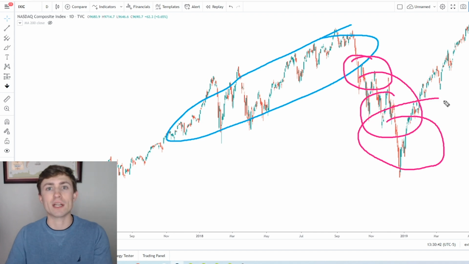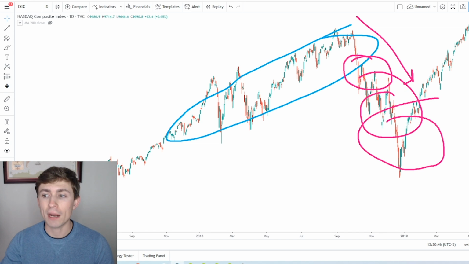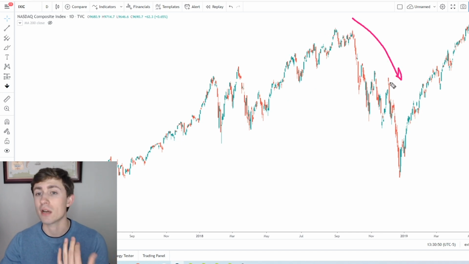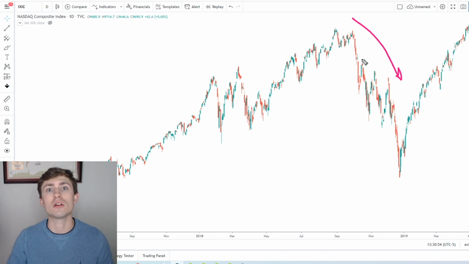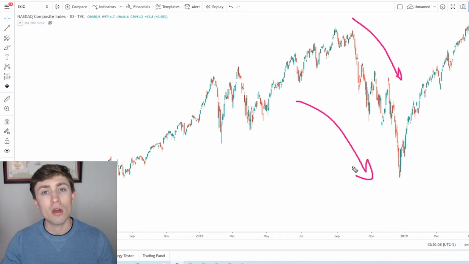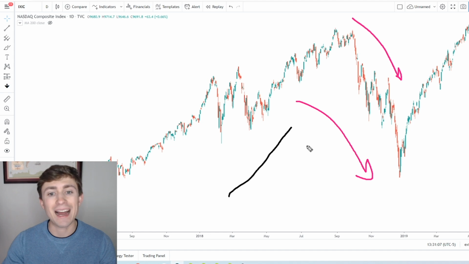Trading pullbacks, trading breakdowns, there's opportunities there to trade the downside as well, but I would rather be doing so in a market that looks bearish and that's starting to come down and showing downtrend structures rather than trying to do so on the way up, right? So if I'm shorting, I'd rather short on the way down rather than short on the way up, if that makes sense. A lot of times people who are trying to short, they're trying to short on the way up. I'd prefer to short on the way down.